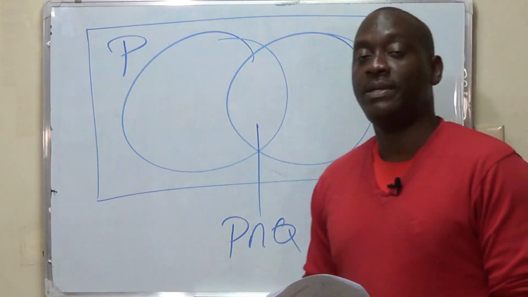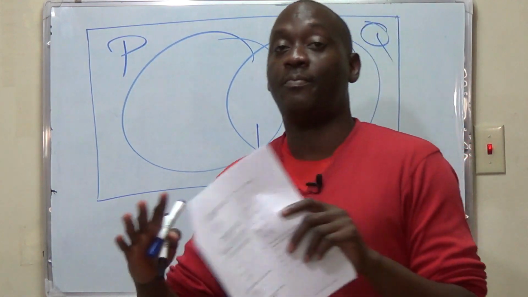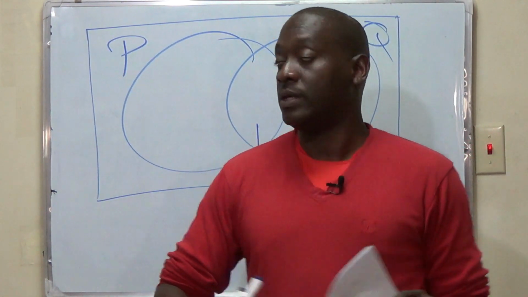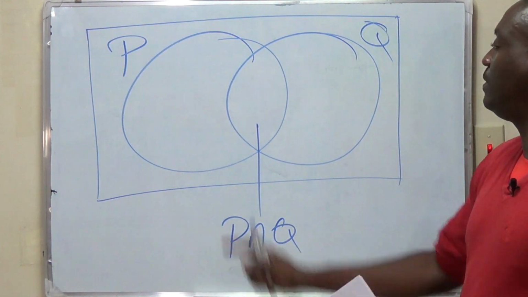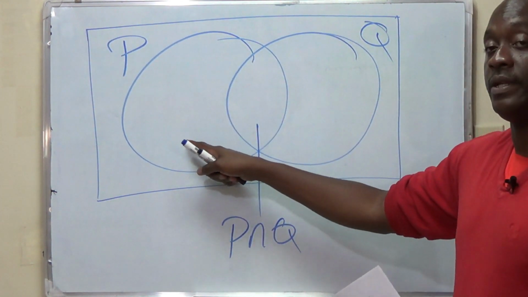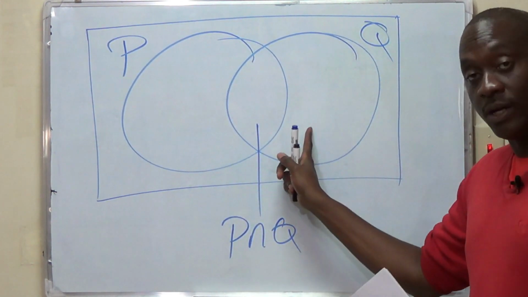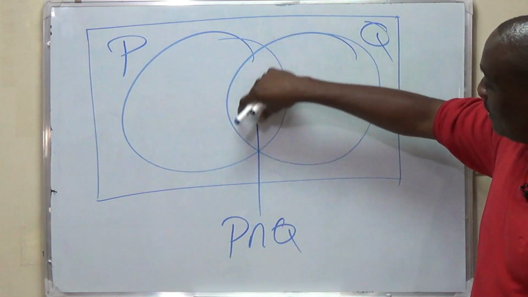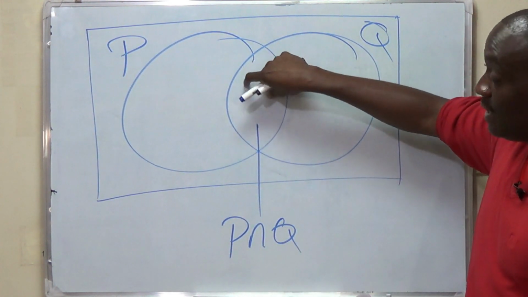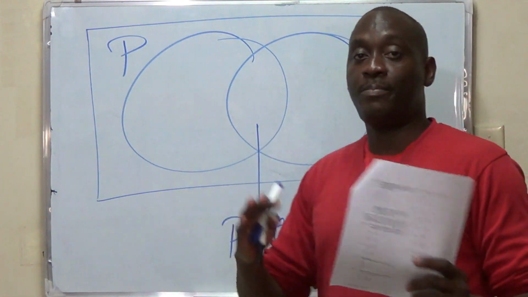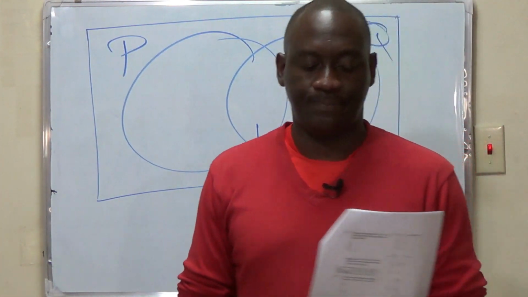P union Q would mean that you belong to the set of P or Q. So P or Q would include P alone, it would include Q alone, and it would also include those in the middle here who are members of P and Q together.